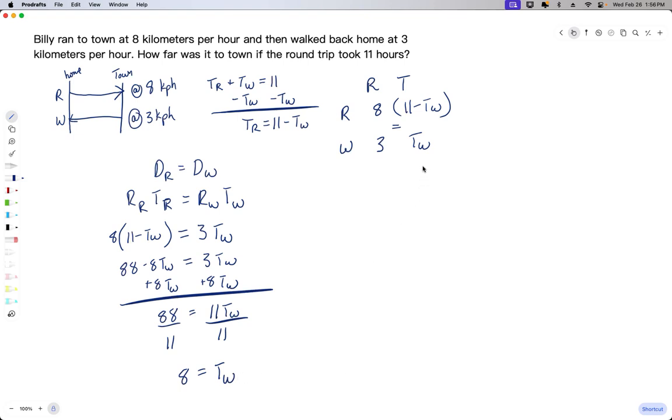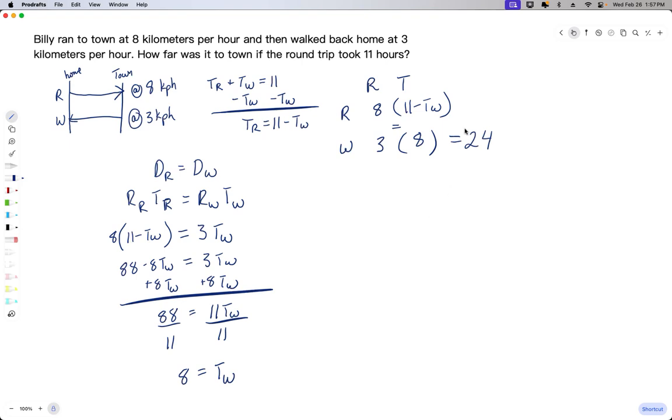So, how far was it to the town if the trip took 11 hours? His time walking is 8. 3 times 8 is 24. So 24 kilometers is the answer.